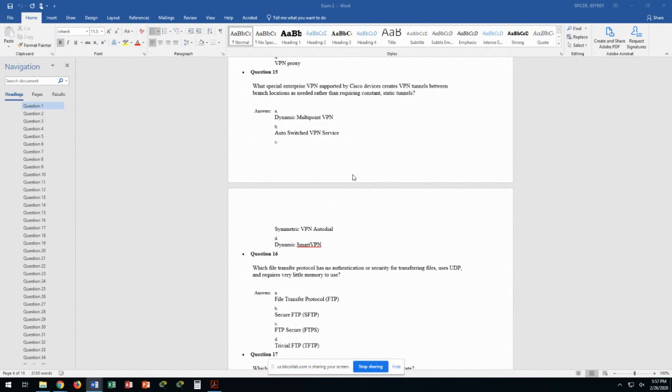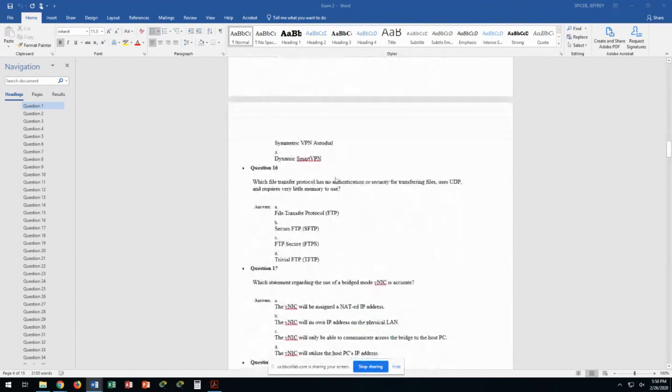What special enterprise VPN supported by Cisco devices creates VPN tunnels between branch locations as needed rather than requiring constant static tunnels? It's going to be Dynamic Multipoint VPN. Excellent.